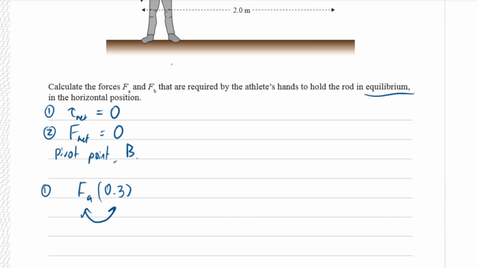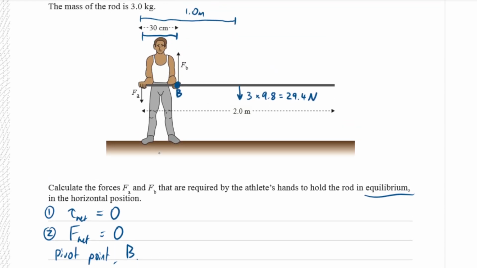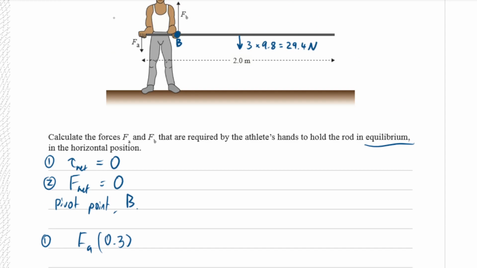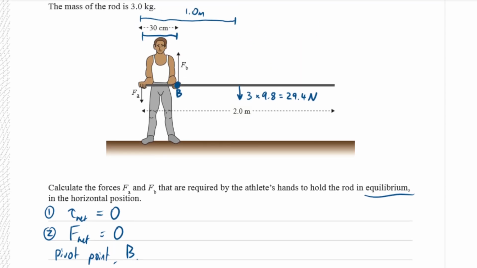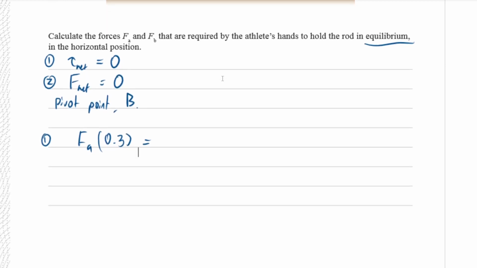Force times distance gives us the torque. We know that the net torque is 0, so this torque must be equal and opposite direction to the torque generated by the weight of the rod. Okay, well, let me explain that one more time. Take two.